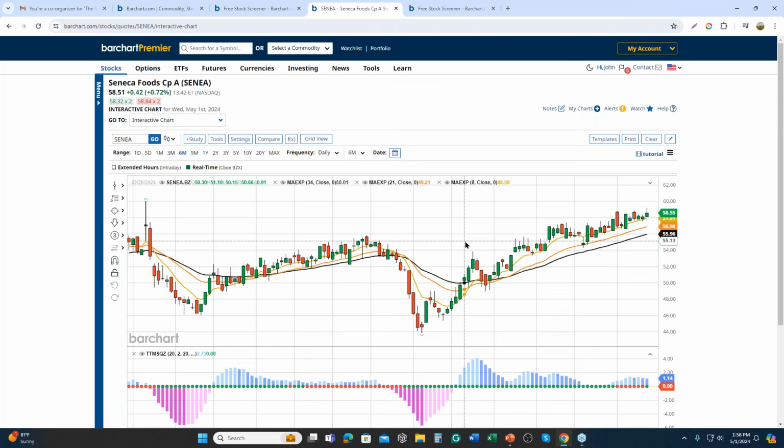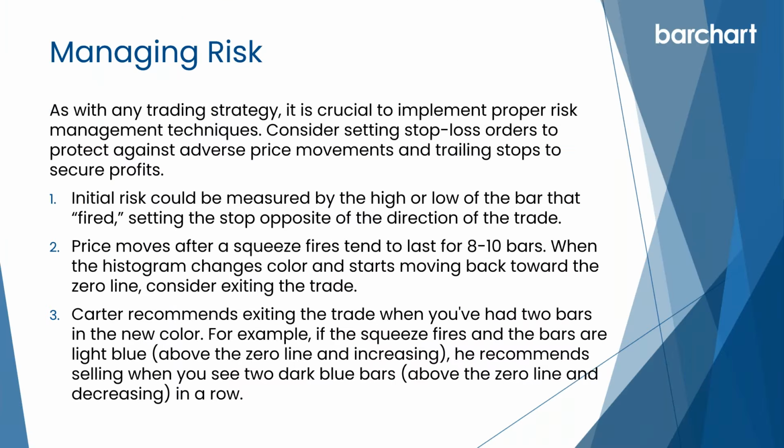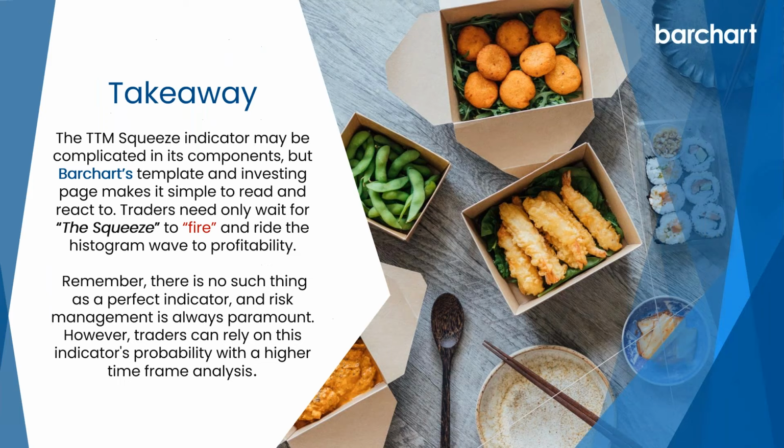All right, so let's just kind of sum up our session today. So again, the TT indicator is a little complicated in terms of its components, but our Barchart template and our investing page makes it really easy to read and also makes it actionable. Again, traders need to wait for the squeeze to fire, right?